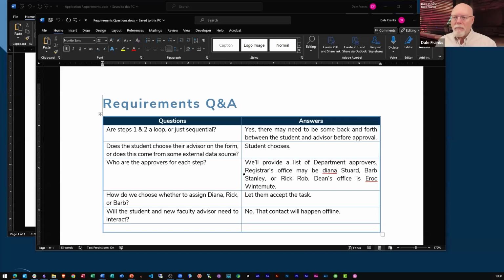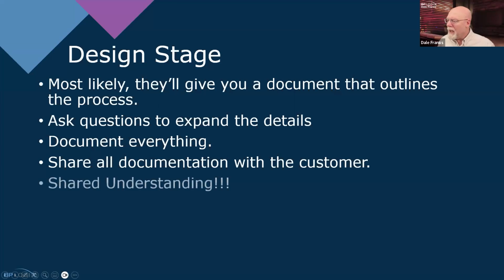And so it doesn't matter if you think your questions are dumb, don't be embarrassed by asking even simple questions, because we have a single goal at this stage of the development process. And that single goal is to develop a shared understanding with our customer about what they want the application to do and precisely how they want it to work.